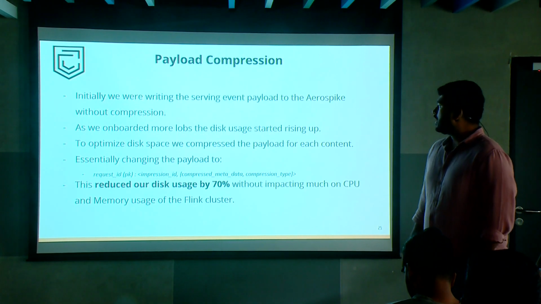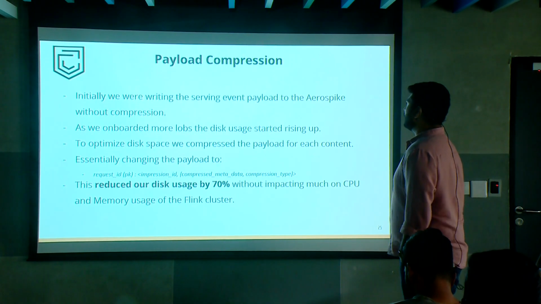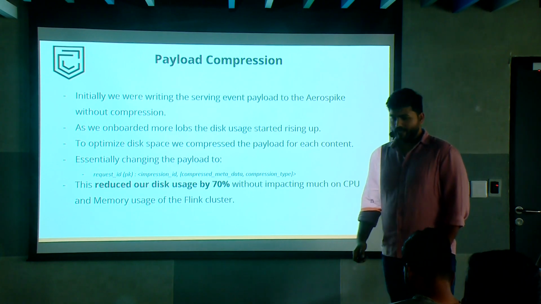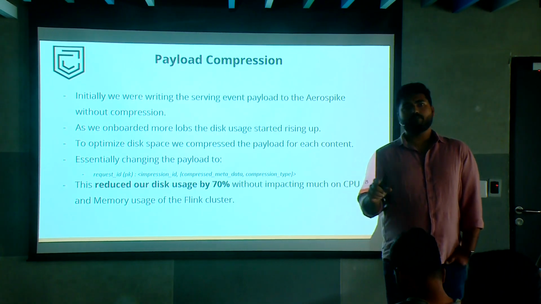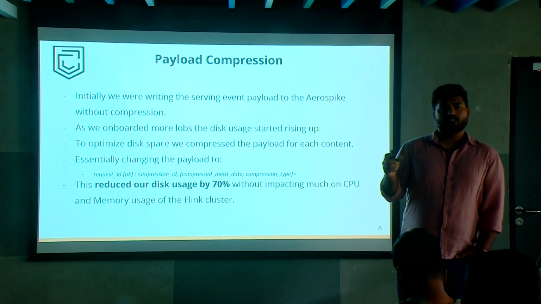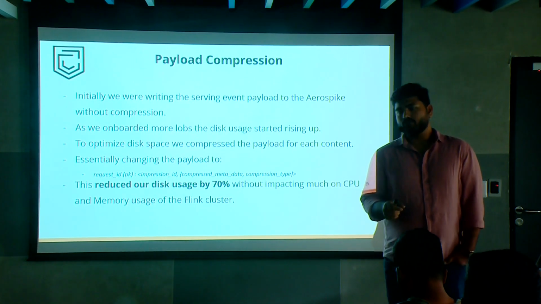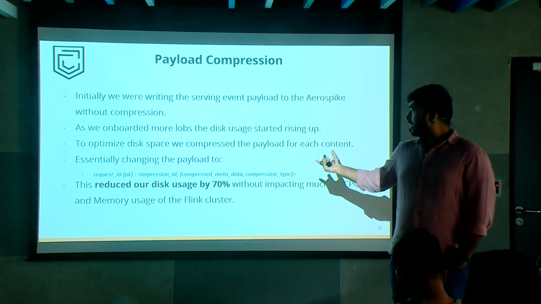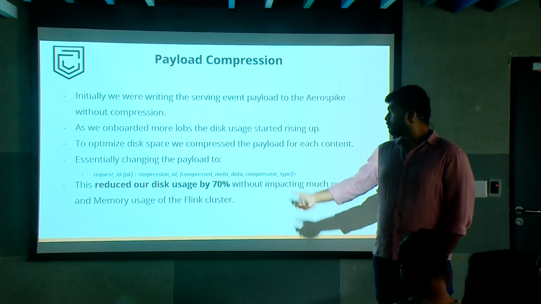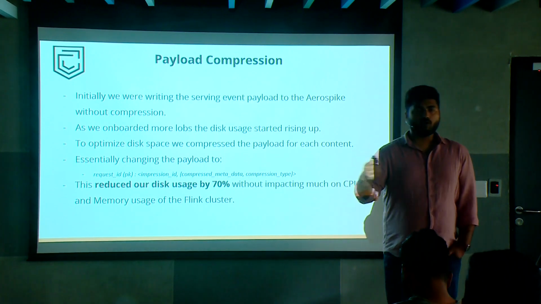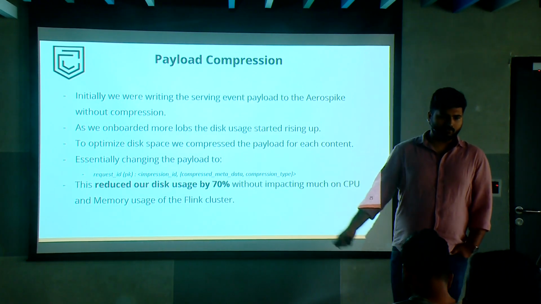The other thing we were facing was that we are writing a very big payload. For each request, we are writing a map of 40 impressions, or it can go up to 60 or 80 depending on the configuration, so the payload size was getting quite huge. And our disk usage was growing a lot because we are offloading all of the state to the disk of Aerospike.